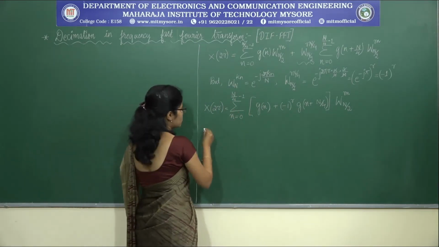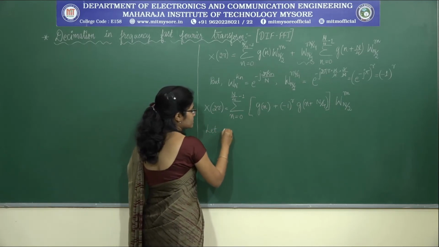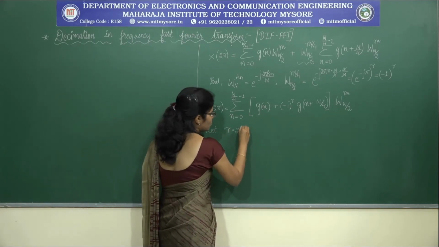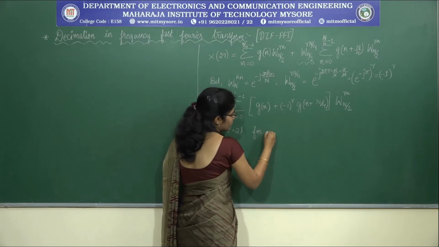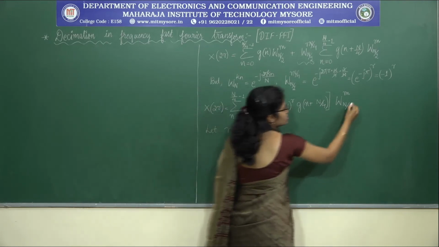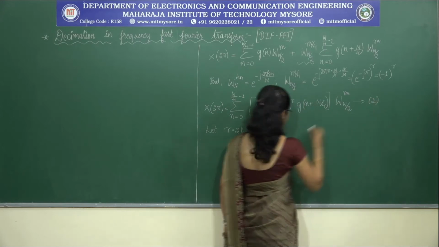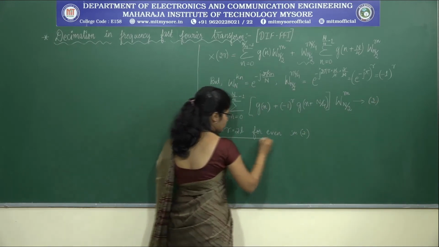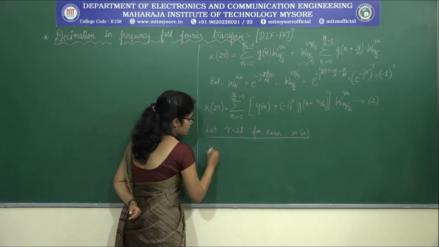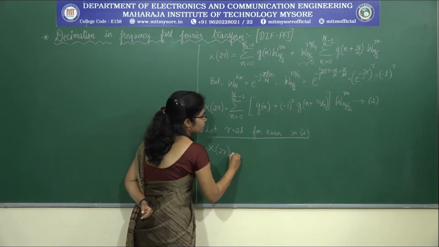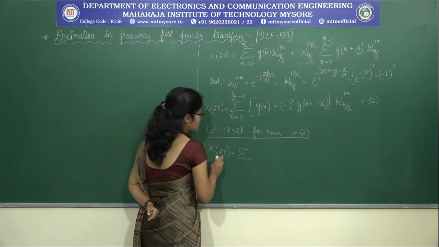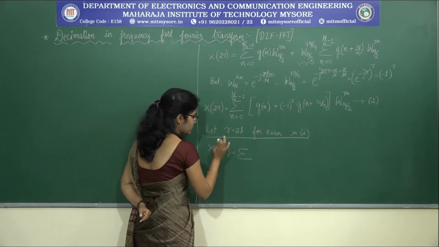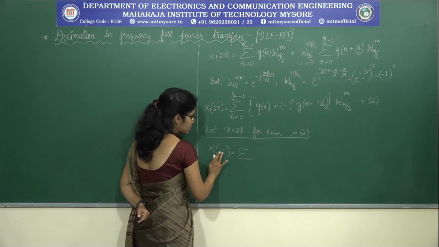Now, let us take the substitution for r, that is, let r be equal to 2l for even. So, let us term this as equation 2. In equation 2, if so, what happens? X of 2r will be equal to summation. Instead of r, I need to substitute it as 2l. 2 2s are, it becomes 4.